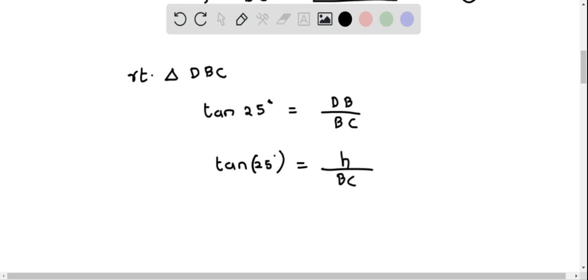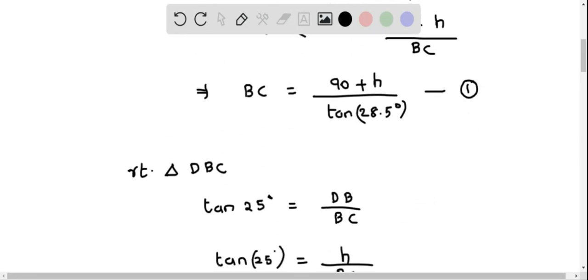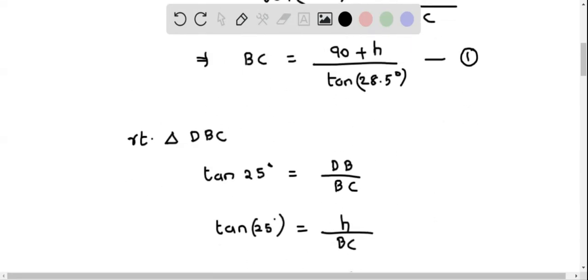Once again we solve for BC from this equation, first by multiplying by BC and then dividing by the tangent of 25. So therefore we will have BC equals this height H divided by the tangent of 25 degrees. Let's say this is equation number 2. Now comparing equation 1 and equation 2, we see that the left sides are the same, that is the quantity BC.